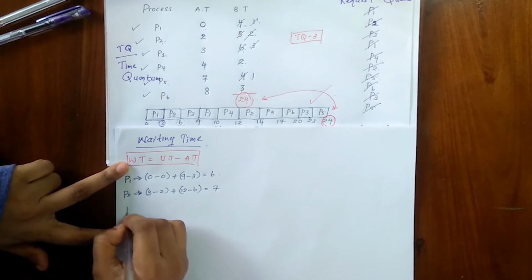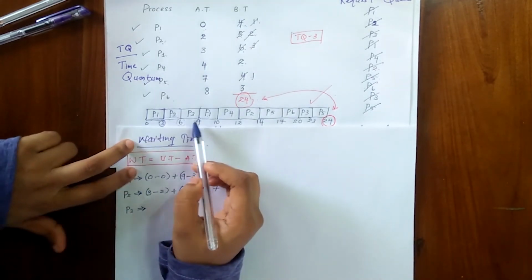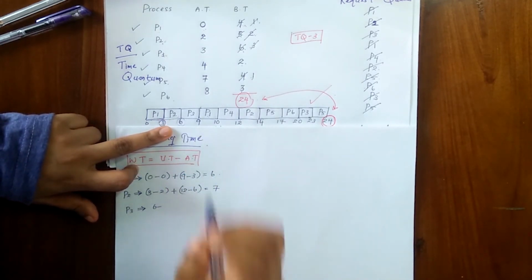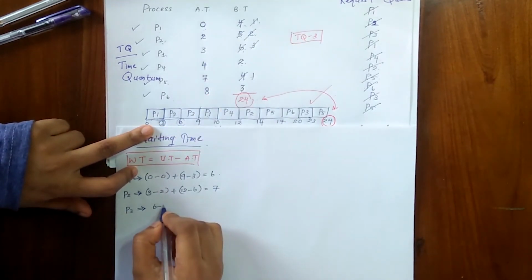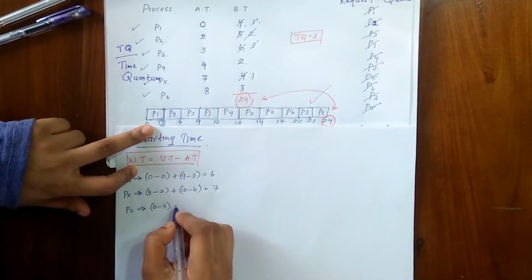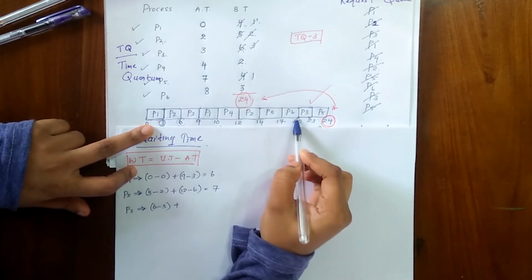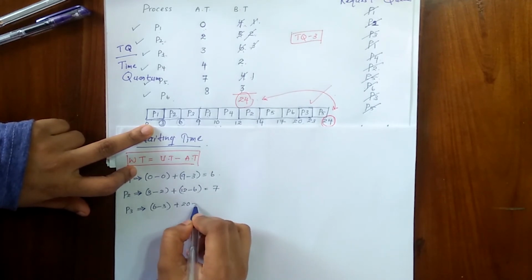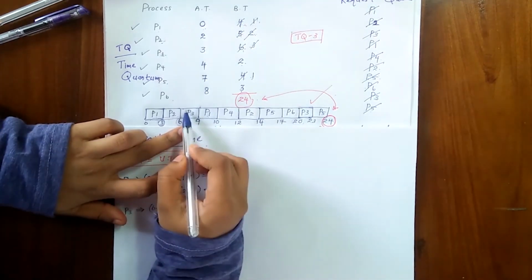And now P3. So here in P3 the visiting time is 6 minus arrival time 3, plus, here's the second P3. So we write 20 the visiting time, and 20 minus the right value of first P3.